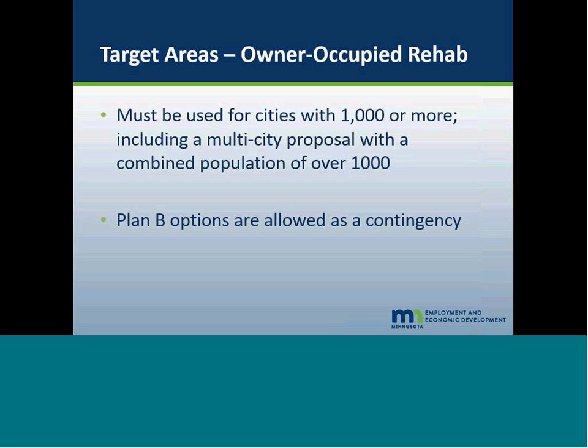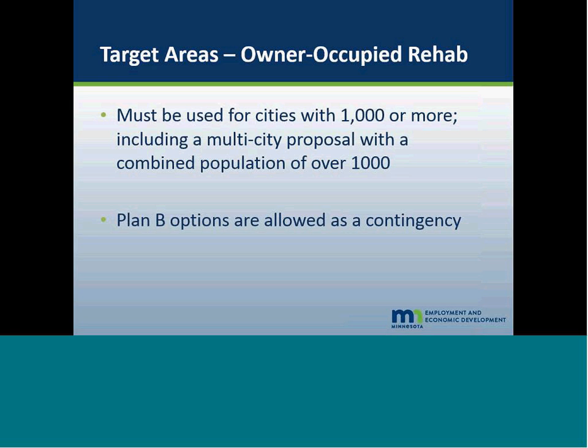Target areas for rehab activities, most commonly owner-occupied. There are situations where we're targeting the program in certain areas. If the population is 1,000 or more, and this is multi-city proposals where there's more than one community within an application, if the community's population is 1,000 or more, target areas must be used.